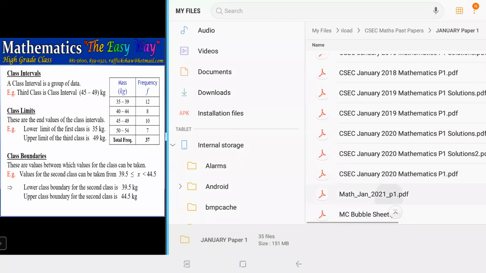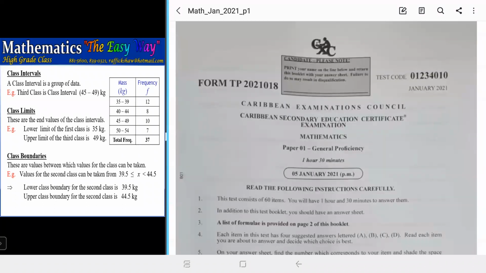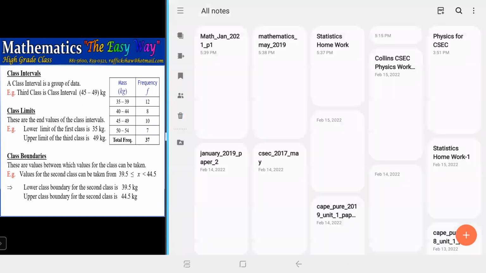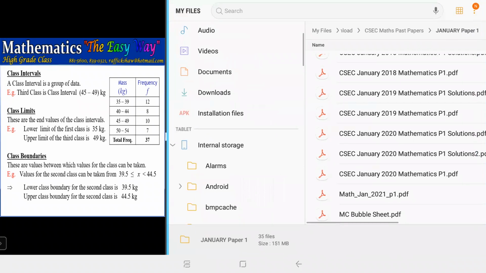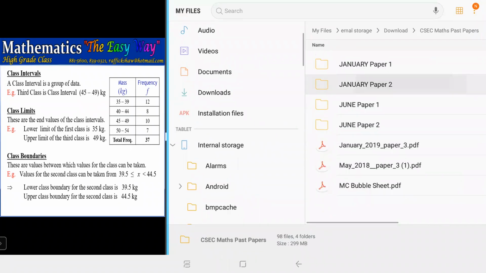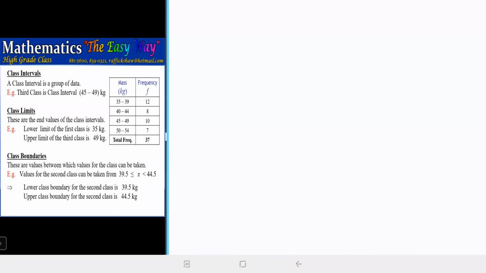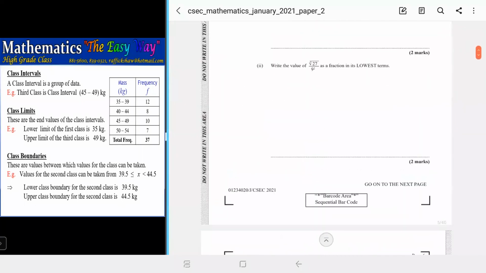Let's try January 2021 and see. Let's see if they set the ungrouped one recently. They don't set them a lot.